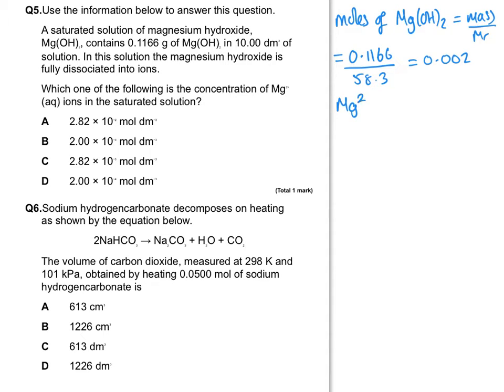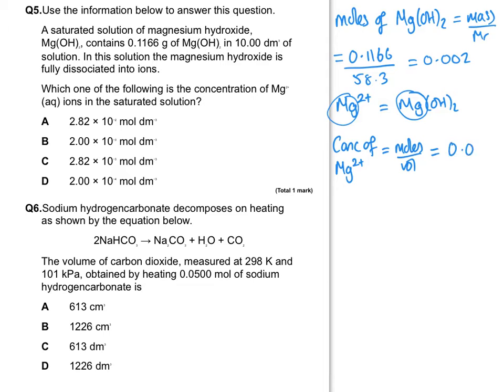The moles of magnesium ions are going to be exactly the same as the moles of magnesium hydroxide, because every one of those is going to give us one of these. So the concentration of the magnesium ions is going to be moles divided by volume. We don't need to put the factor of 1,000 in because we're given the volume in decimetres cubed. So this is just checking you understand how the units work. Okay, and if we have a look at the answers, that gives us the answer D.